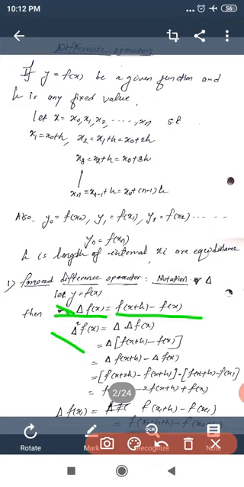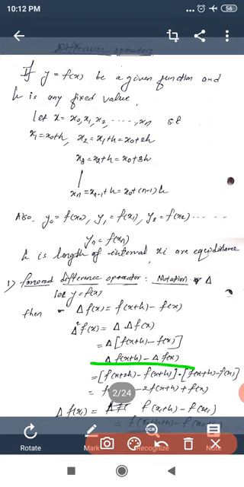Similarly, the second forward difference is del square f x. Here del square is del into del. So first calculate del of f x, which is f of x plus h minus f x. Now del of f of x plus h minus del of f of x.